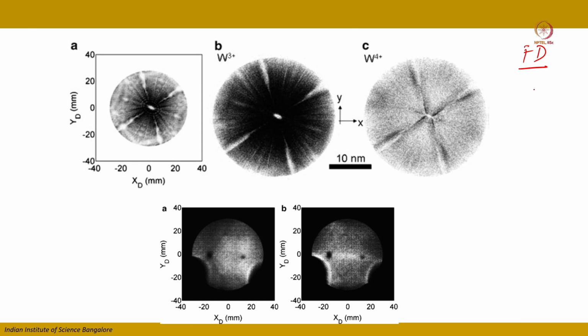As we know, the charge state of the ions is directly related to the local electric field in the vicinity of the tip for a given species. So here I am showing you an example of tungsten, and this is a typical field desorption image.